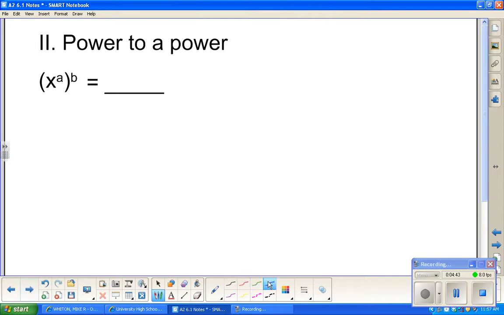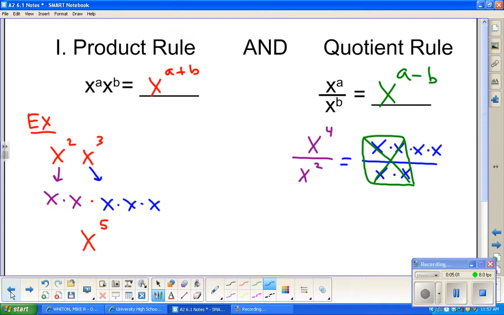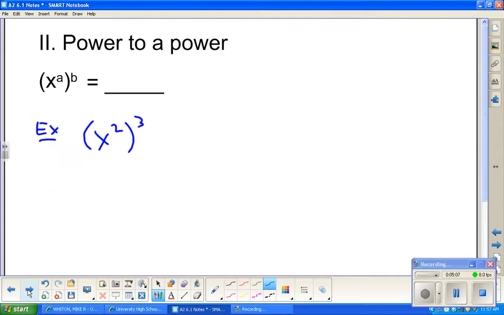If it was something like x squared to the third. First make sure we notice that that is different than what we did here, right? This one was x squared times x to the third. The new one is now x squared being raised to a power. It's a little bit different. We don't just add the exponents like we did before.